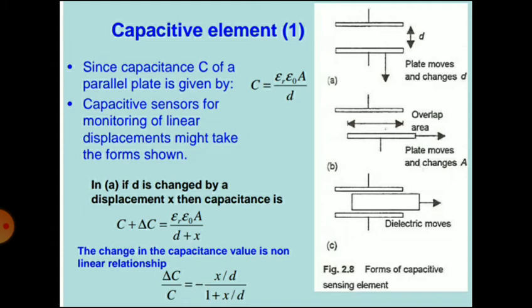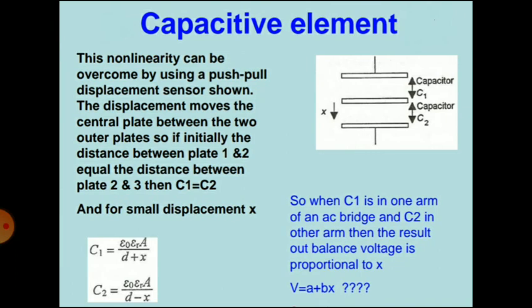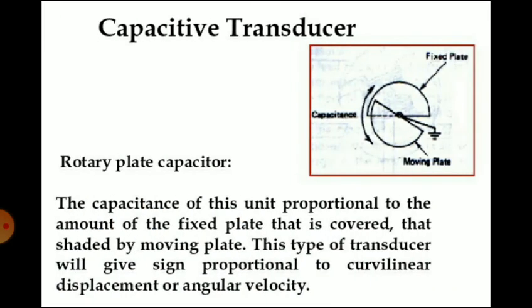Hence, this type of capacitive transducer is useful for measurement of moderate to large displacement, from 1 mm to several centimeters. So you can see the first type of capacitive element, where the change in capacitance is measured due to the change in distance between the two plates.